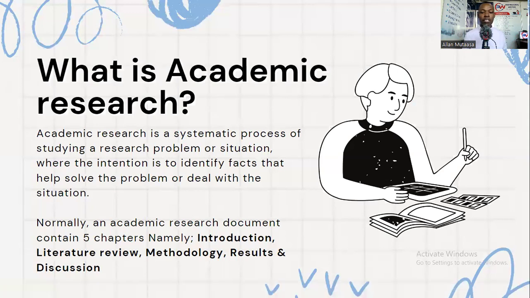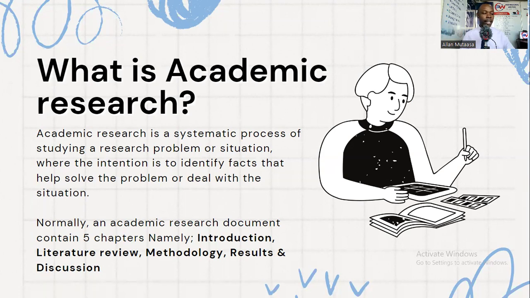In general terms, research can be used to find out about any problem that the community might be facing. But in academia, much of the reason why we want students to do research is to give them a general understanding of trying to find new information that is of great value to the community. So an academic research is a systematic process of studying a research problem or a situation.